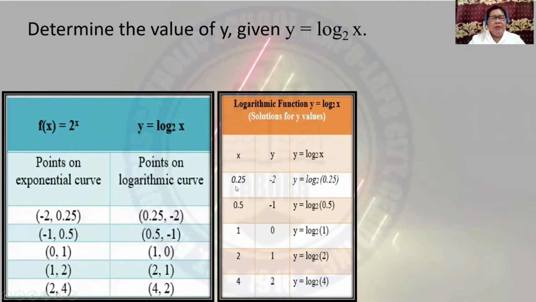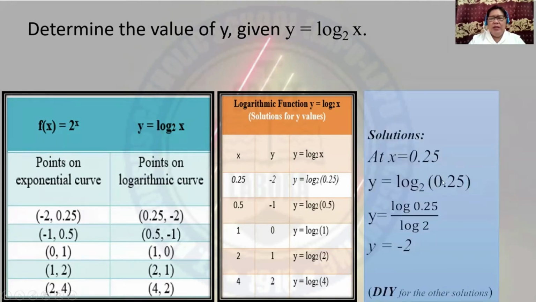The given value of x is 0.25. So what you will do is to substitute 0.25 to x, and then you can take the log of 0.25 over the log 2 by applying the change of base formula, and the result is y is equal to -2.